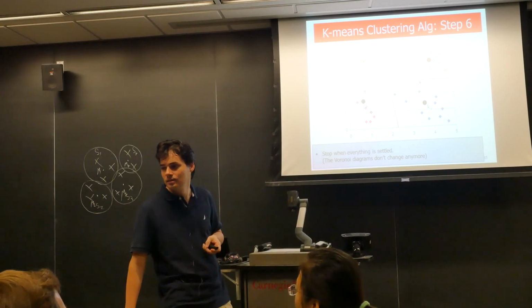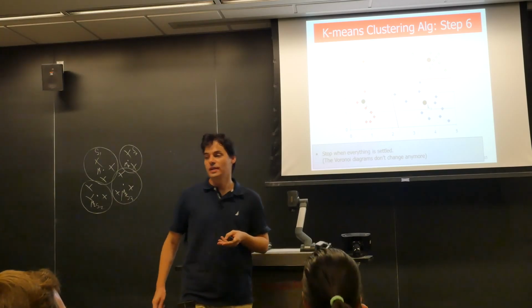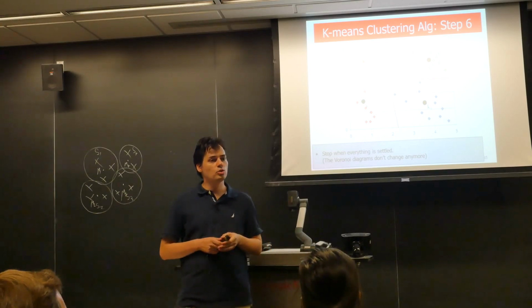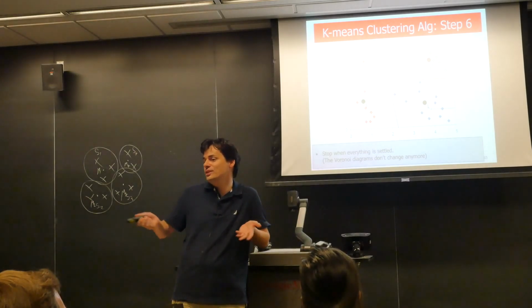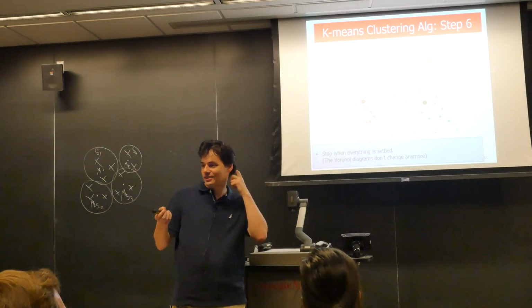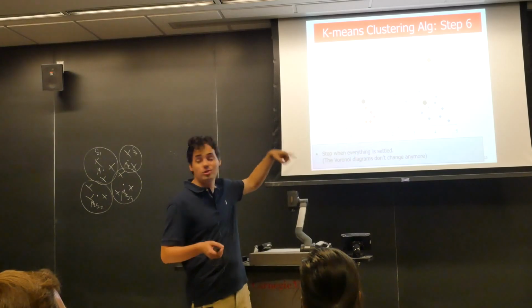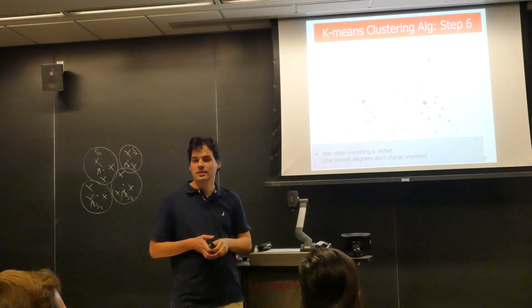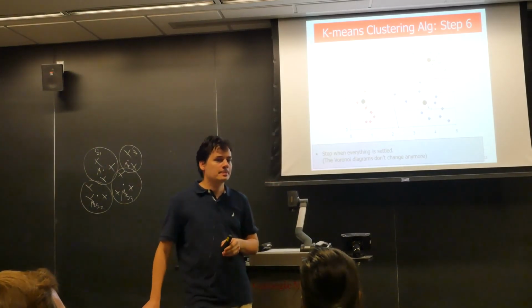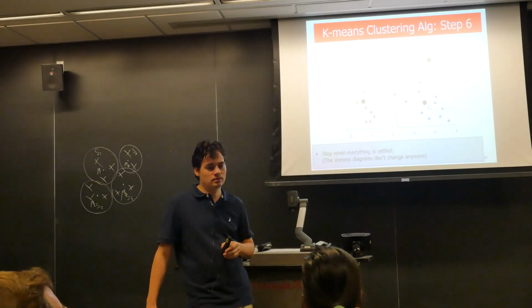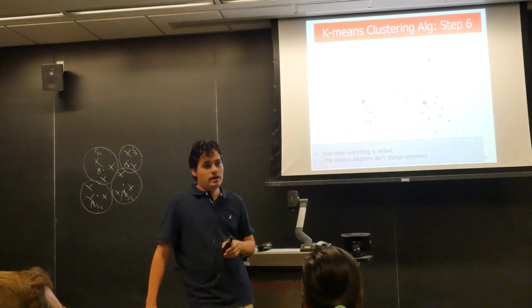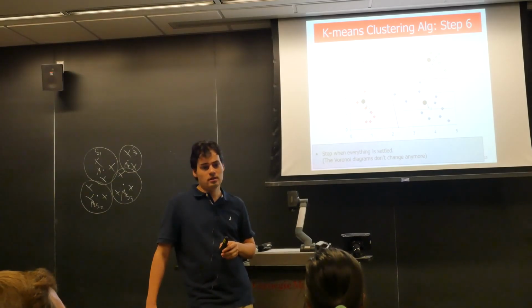Yes? Can you prove that that happens? That's a very good question. Why doesn't it happen that I get into a loop or something? Because in each step, your objective does not increase, basically. We will see a proof for that.